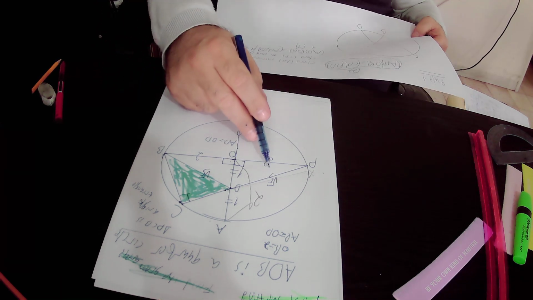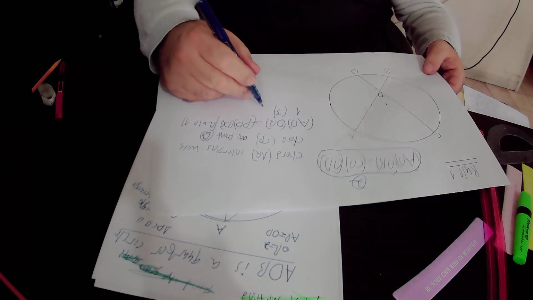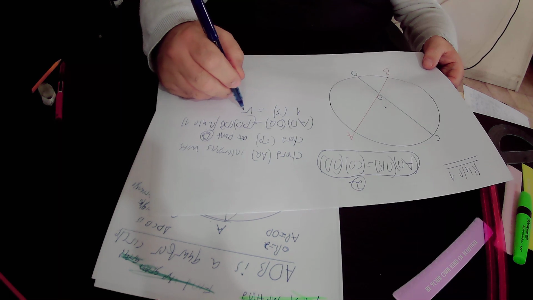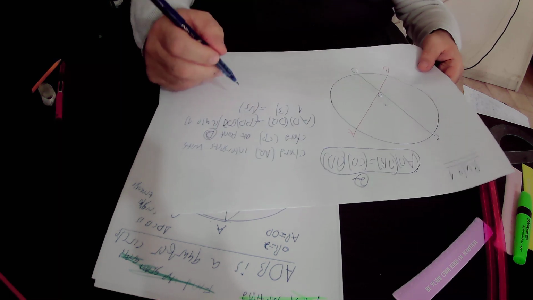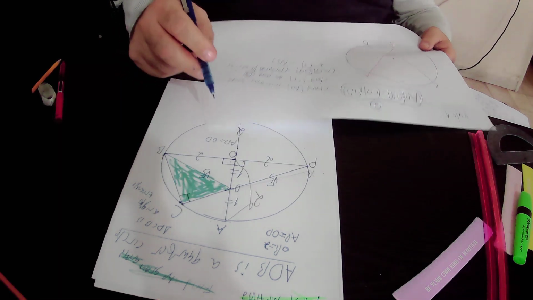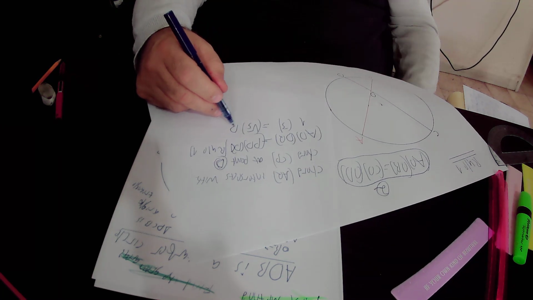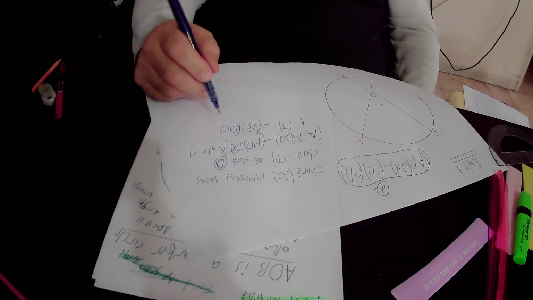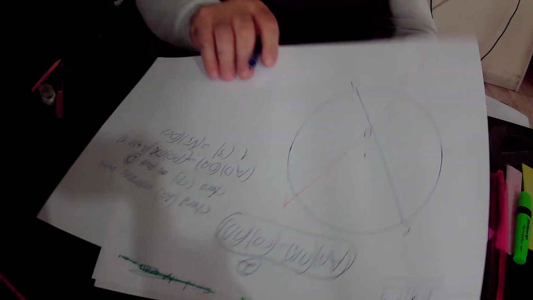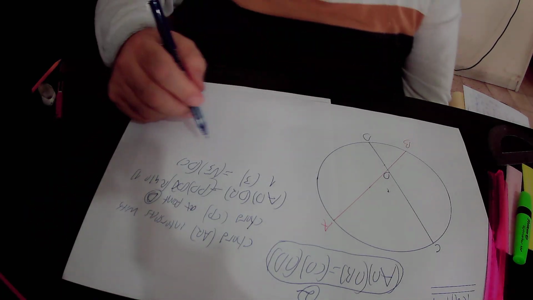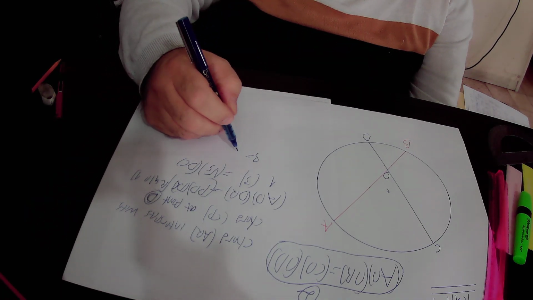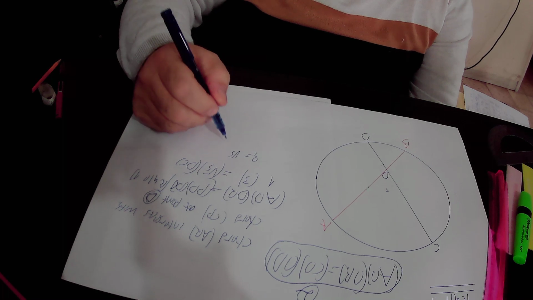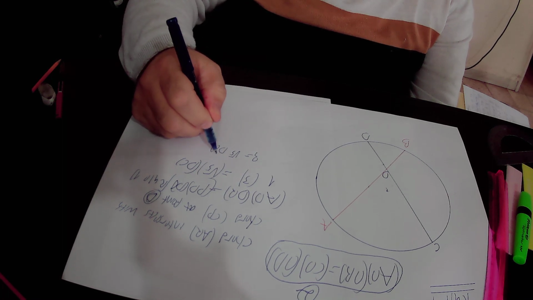PD equals square root of 5 units, times DC. DC is the missing segment. So we found that 3 equals square root of 5 times DC.